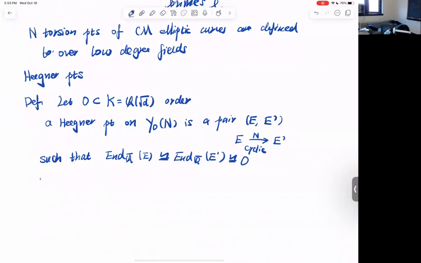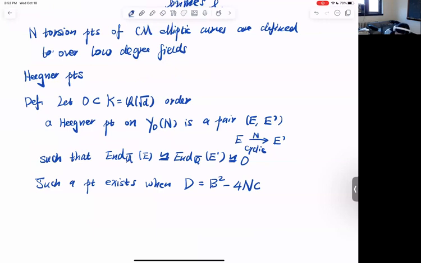Such a point exists when D equals B squared minus 4NC. Okay, let me explain.